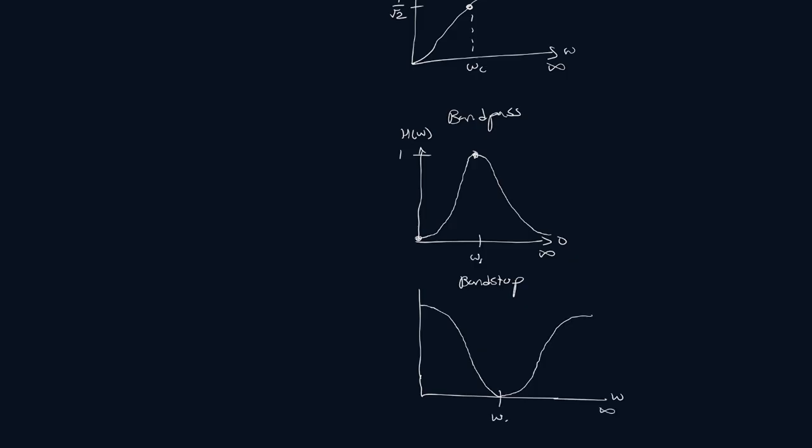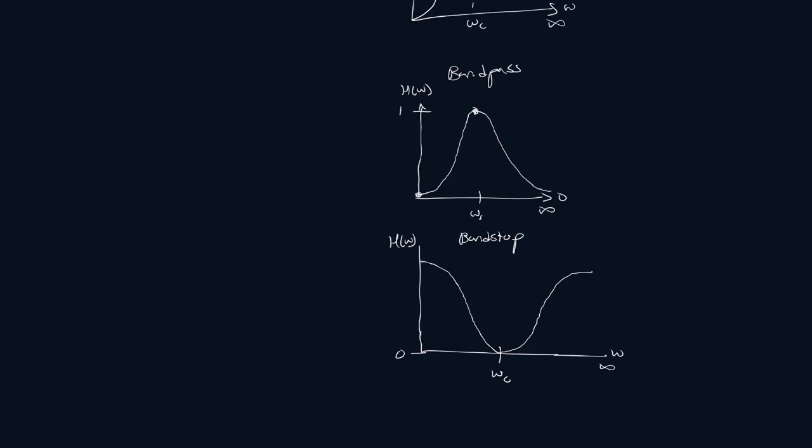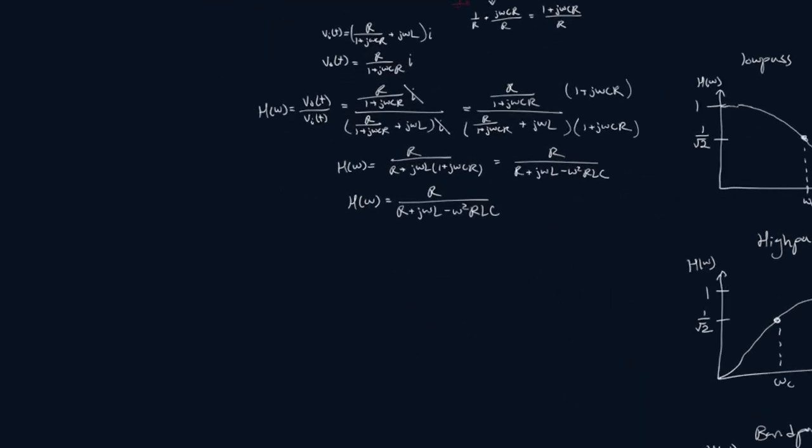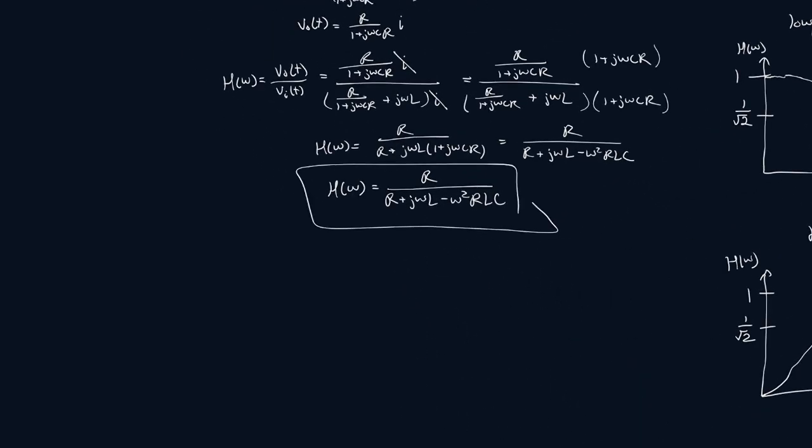So that means our cutoff frequency will be when our transfer function is at 0. Alright, so we have this following transfer function. Let's take the limit for when w approaches 0.